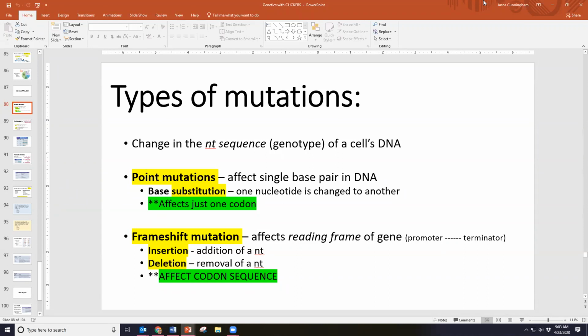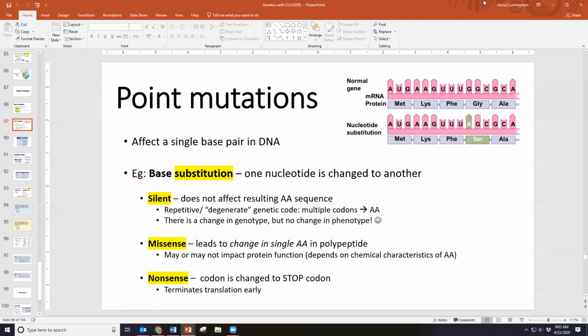So we talked about how you can classify point mutations in 3 ways. One, you can have a nucleotide exchange, but the resulting codon still codes for the same amino acid.